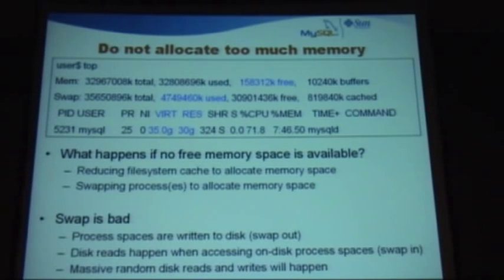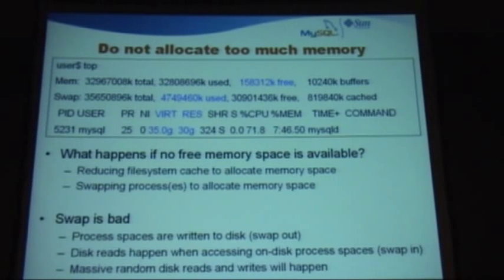So we can only allocate a limited amount of memory. Of course, the Linux kernel and other background processes allocate memory too. In this case, the physical memory for MySQL was 30 gigabytes, so only 30 gigabytes were allocated to MySQL. So what about the remaining 5 gigabytes? It was swapped.